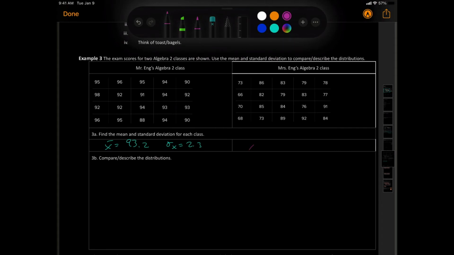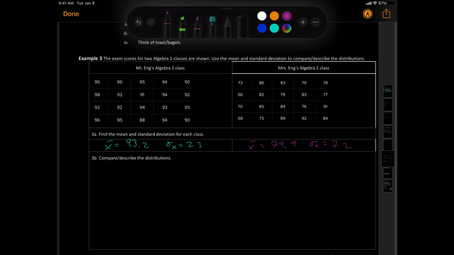And Mrs. Ng's class had an average of 79.9 and a population standard deviation of 7.2.